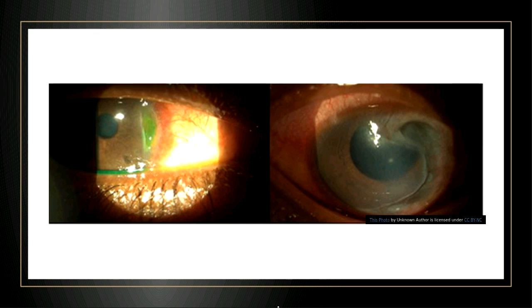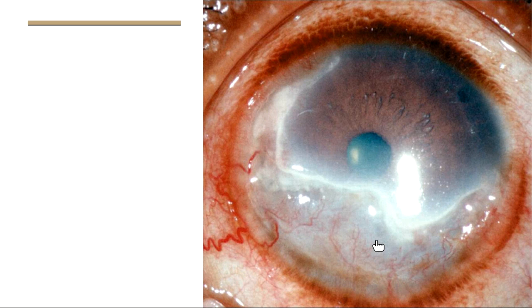In very severe cases, you end up with healing, but with a peripheral thin cornea, and then you get neovascularization and scarring of the involved periphery. Okay, so that's peripheral ulcerative keratitis.